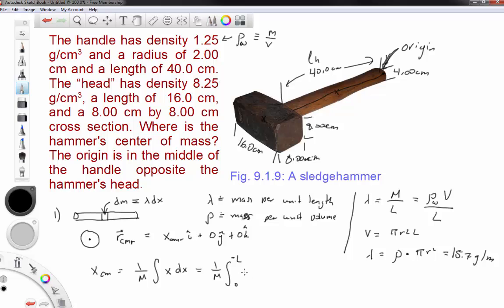And that is going to be x times lambda dx. And so what this all is going to give us is basically 1 over m times 1/2 x squared times lambda.